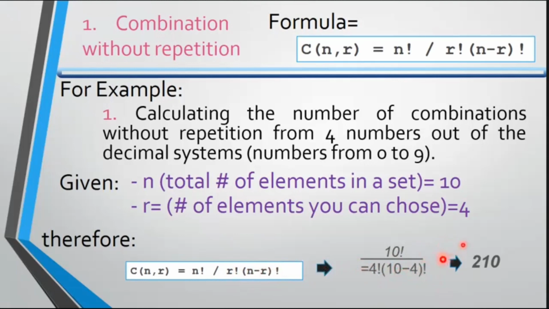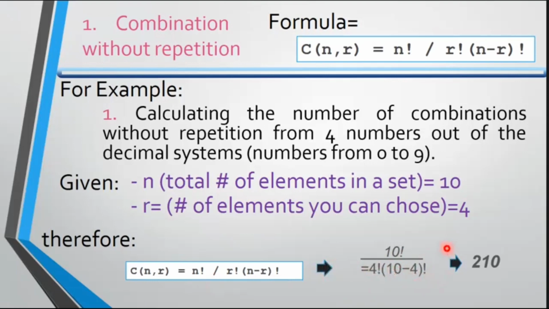So 10 factorial over 4 factorial multiplied by 6 factorial. So 10 factorial is equal to 3,628,800. Tapos 4 factorial is equal to 24, multiplied by 6 factorial, our 6 factorial is equal to 720. So 720 times 24 is equal to 17,280.